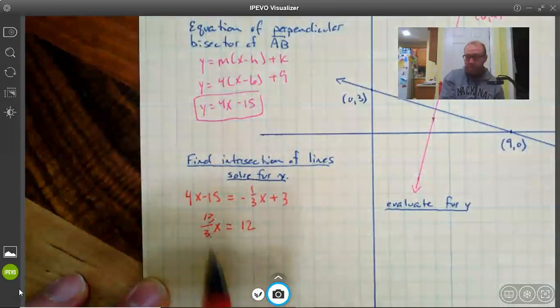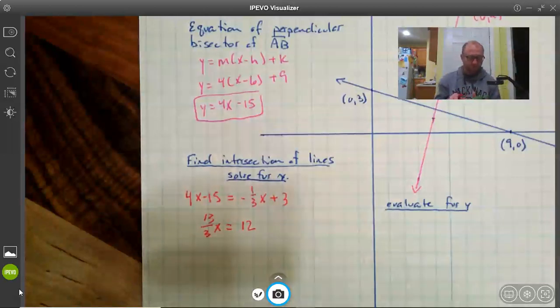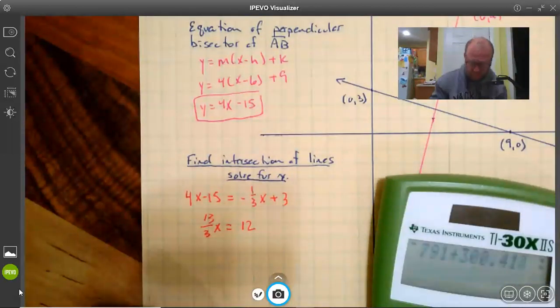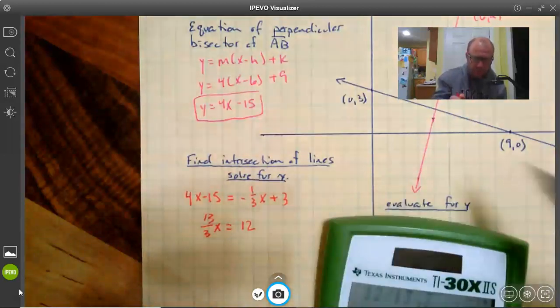And then we will divide by 13/3. Let's just make this easy. Use the calculator. So 12 divided by 13/3 is 2 10/3.